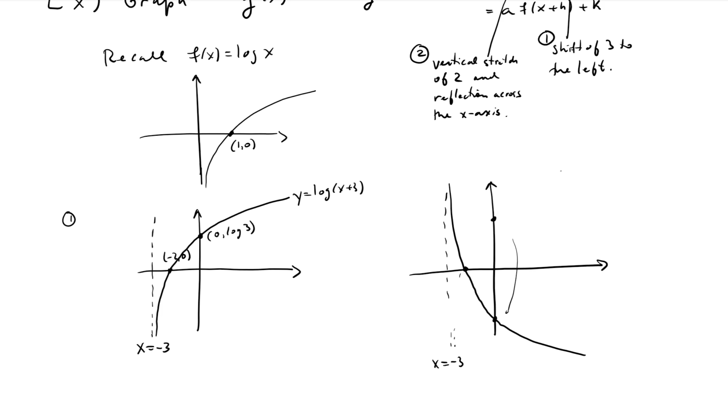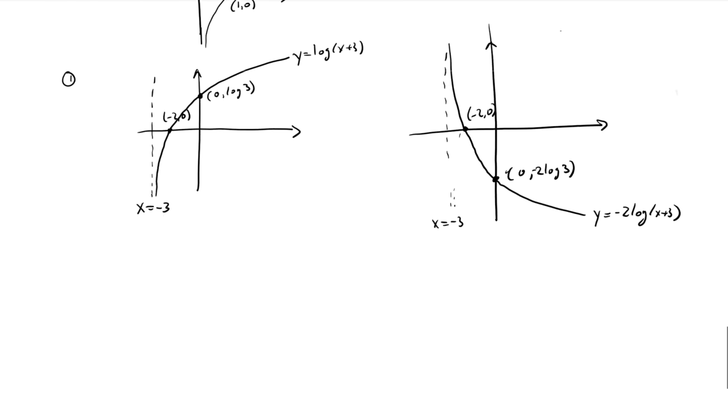So this point here now is 0, minus 2 log of 3, and this is still minus 2, 0. Like that. So now I have the graph of y equals minus 2 log of x plus 3.